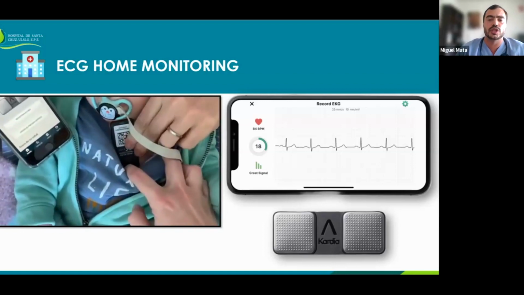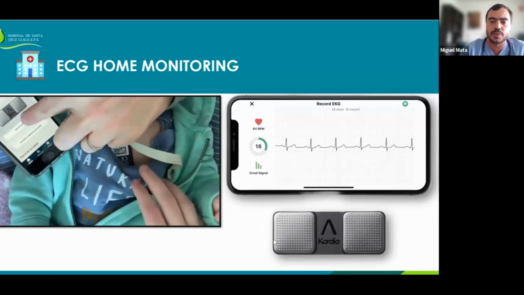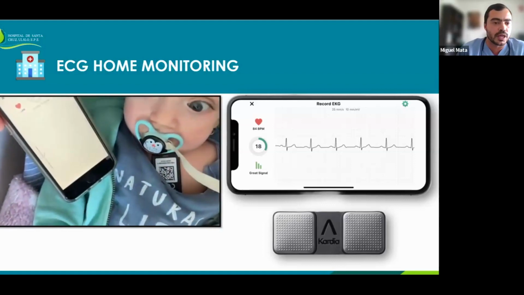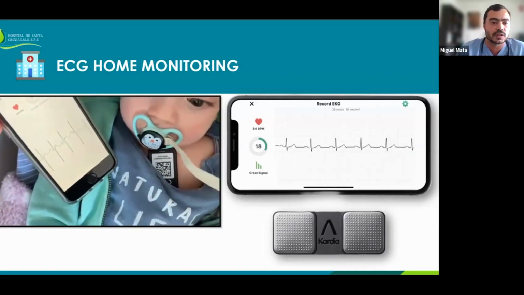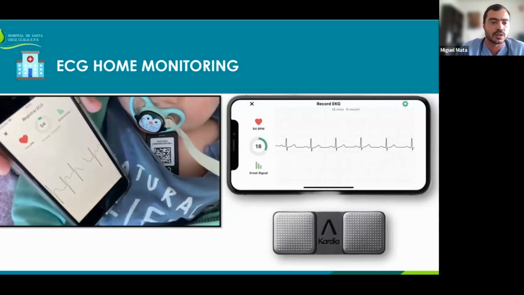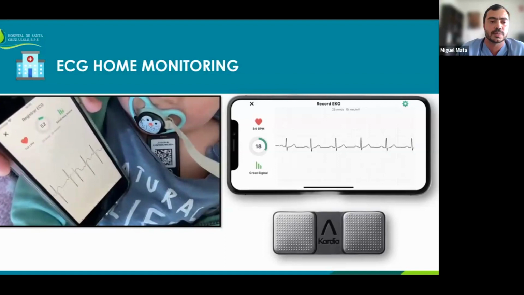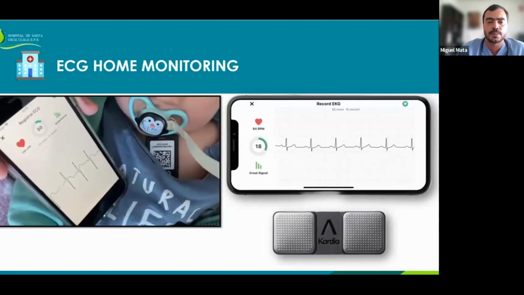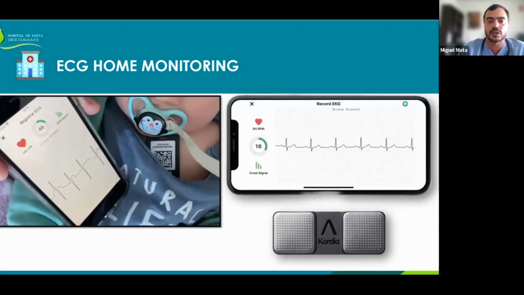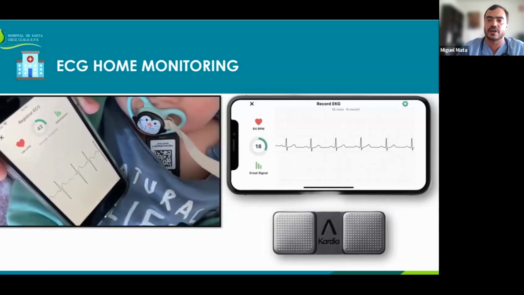Instead of using both fingers to put them in these gray areas, you put the device on the child's thorax. And for 1 minute, it records the ECG. And after this full minute has been completed, it emits a PDF.